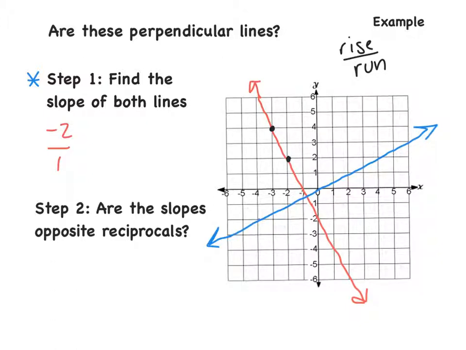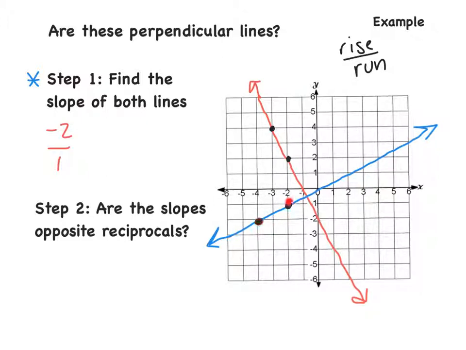Now in the blue one, looks like we have a point here, and we have a point right here as well. So again, we have to find the slope of the blue one. So let's start here at this point.